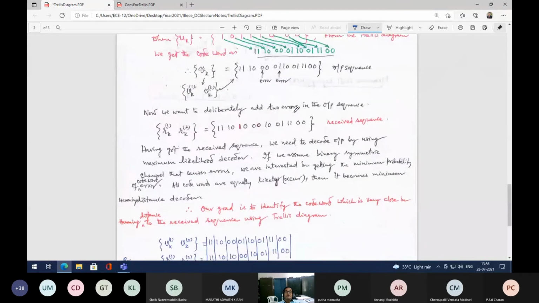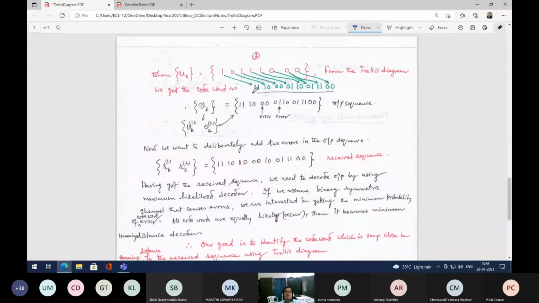Now, this is our code word. We get the output sequence here. This is my output sequence here. And now what I do, I'll make some errors here. Let us say this bit is an error and this bit is also an error. Let us say these are changed and then this is the received sequence.